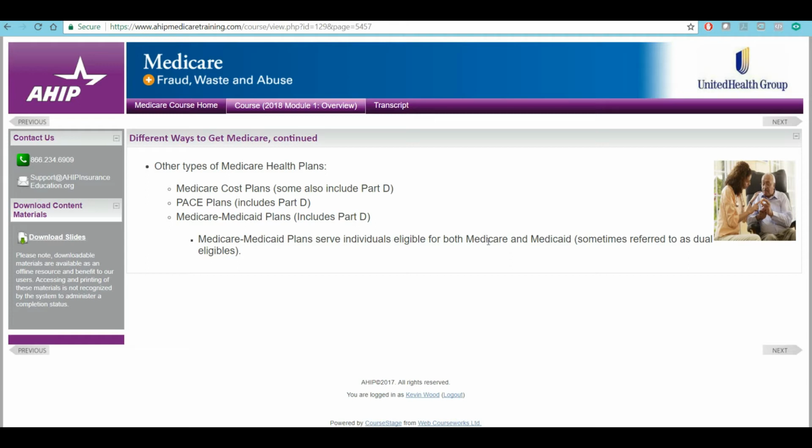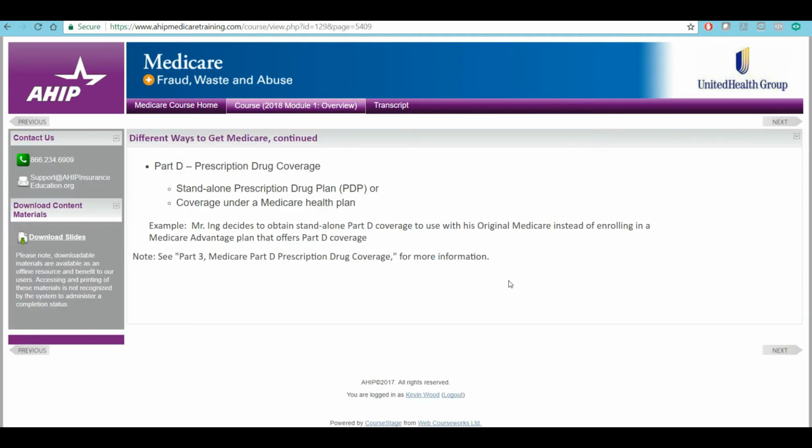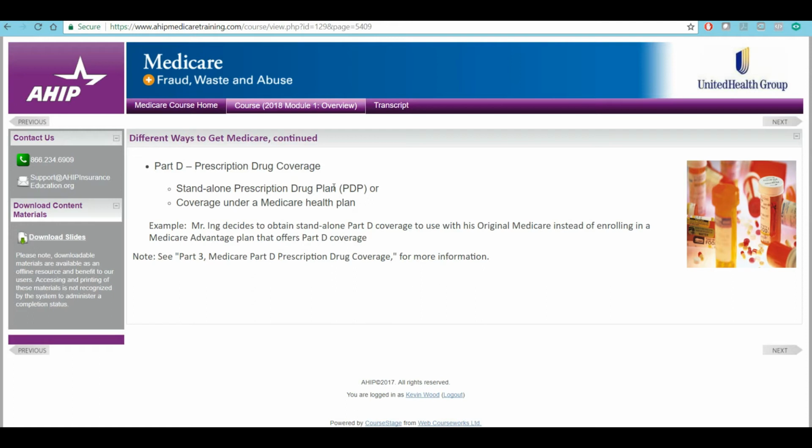So a person on Medi-Cal and Medicaid or Medicare would be eligible for us, and on a monthly basis, they don't have an open enrollment. You can enroll them into a dual eligible Medicare Advantage plan anytime throughout the year, and that's an awesome thing. If you're one of those people, you can make some money. And then we go on to these other pages: standalone Part D prescription drug plan, and examples.